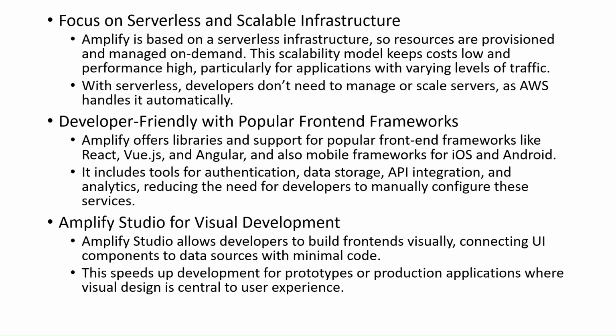Then gradually by evening traffic increases by 100%, say to 30 requests per hour. Automatically, based on that requirement, the infrastructure will be provisioned. So this scalability model keeps cost low and performance high, particularly for applications with varying levels of traffic. I just mentioned it, right?